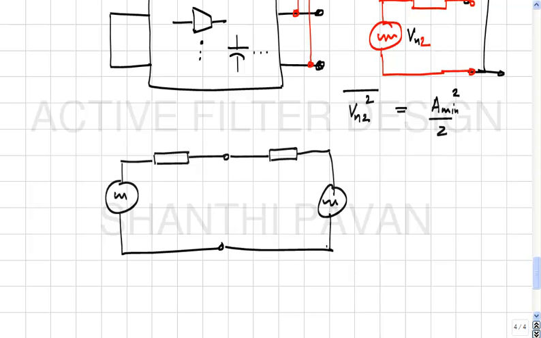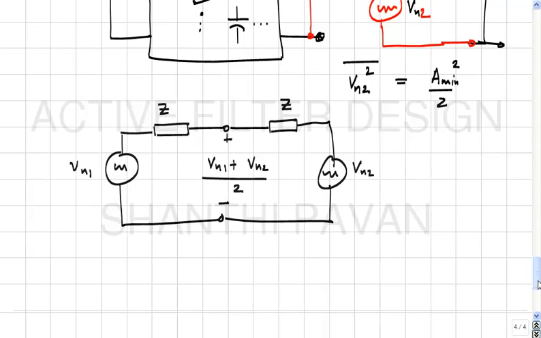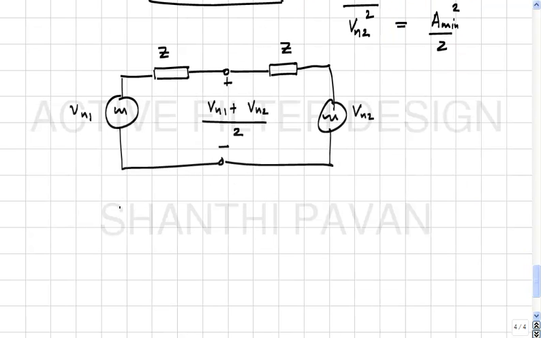This is F2. This is Vn1, Z, Z, Vn2. So this voltage therefore must be Vn1 plus Vn2 by 2. Correct?